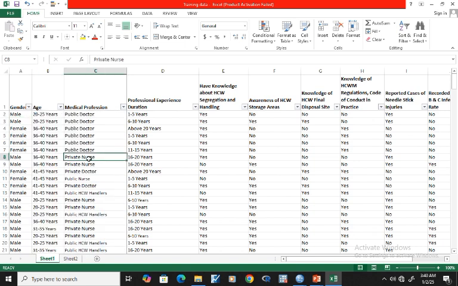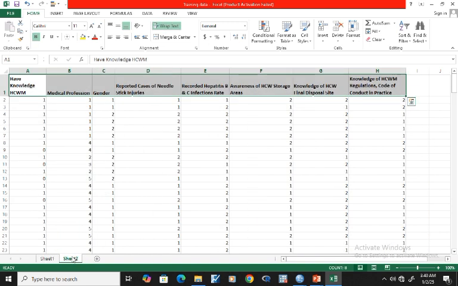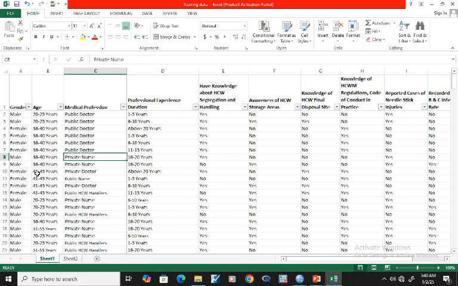So this is our data, and here is the code for the data we intend to utilize. We'll go straight to the analysis. We want to perform descriptive analysis of this collected survey data on healthcare waste management.